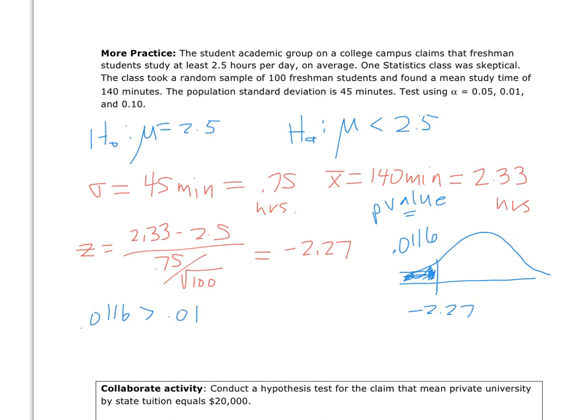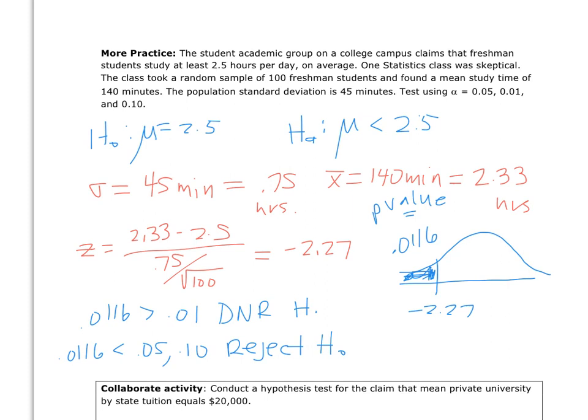So at that significance level, we are going to not reject. But 0.0116 is less than 0.05 and 0.1. So under those two, we would reject the null hypothesis. So with different significance levels, we can have a different conclusion.